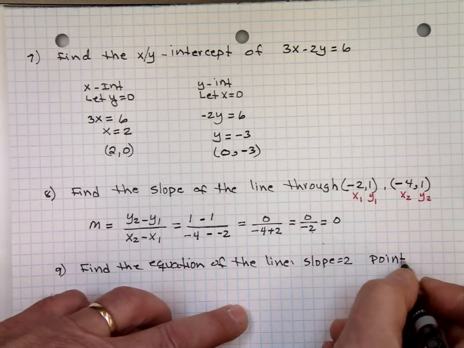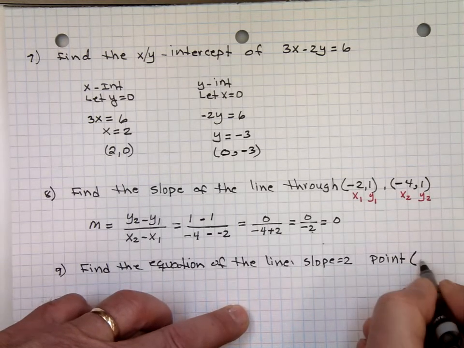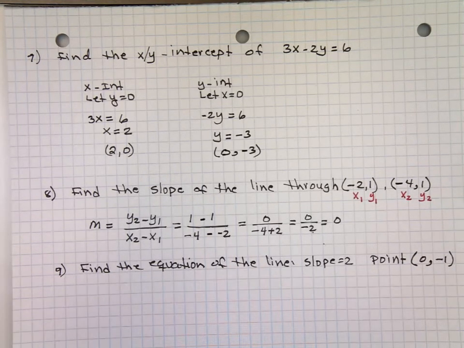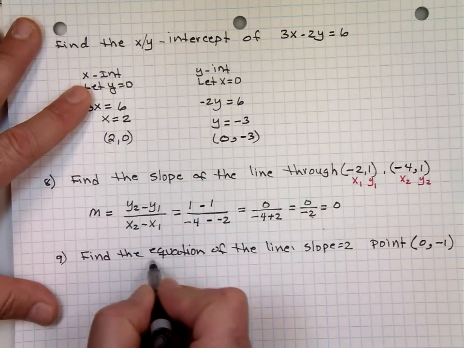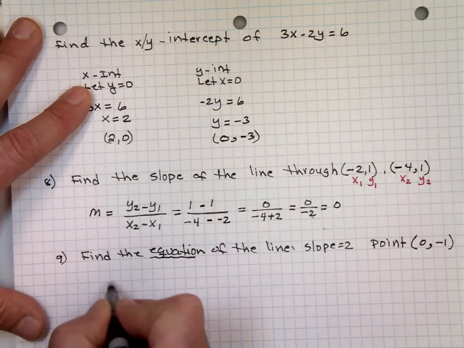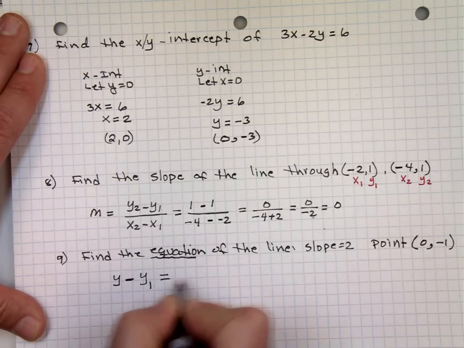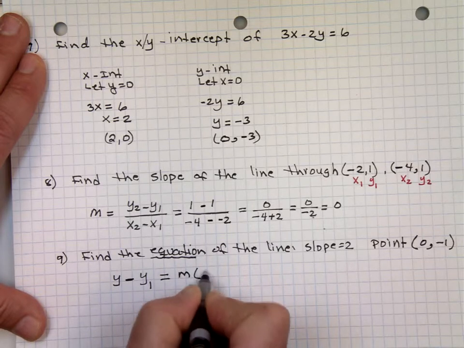The point is 0 and minus 1. So we have the slope and a point. Since you're looking for the equation of the line, what you need to use is y minus y sub 1 equals m times x minus x sub 1.